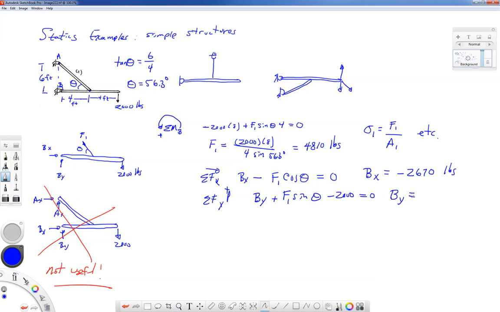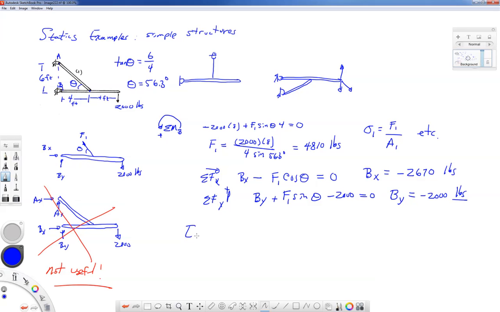And then I'm going to take F1, multiply it by the sine of 56.3 degrees and subtract it from 2000. And I end up with minus 2,000 pounds. So those reactions really both go in the opposite directions from what I have assumed.